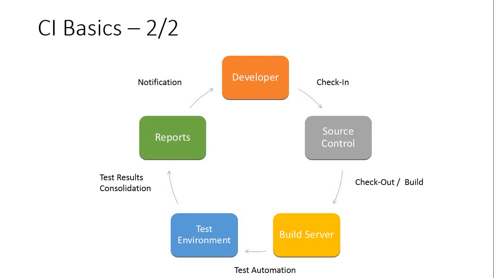Then obviously that's a place where they will interact here. Once we have run through the automated test cases, the results of the test cases and the build verification can also be created as a dashboard report that will be circulated or fed back to the developer.